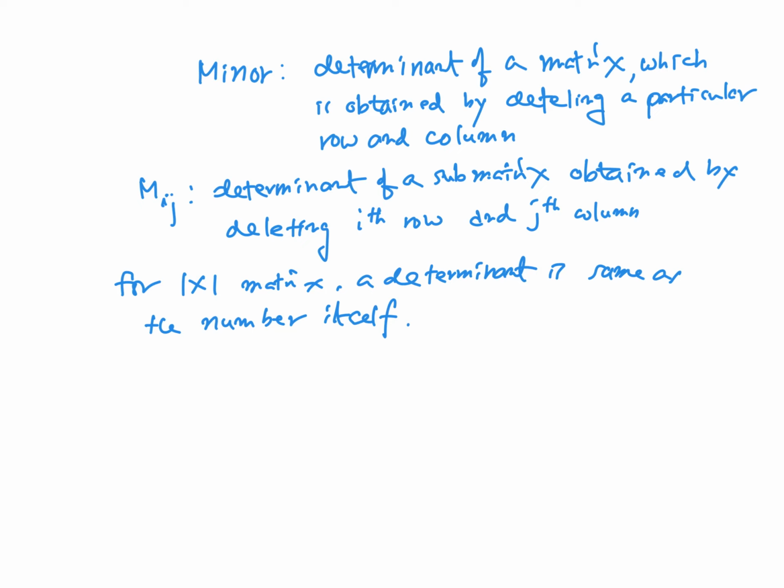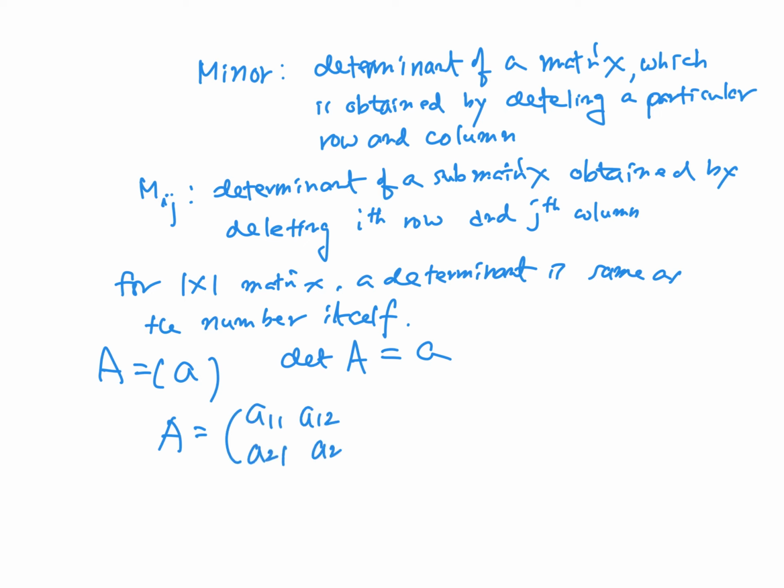For example, we can define a 1 by 1 matrix, say A. A 1 by 1 matrix is actually the same as the number, and the determinant is defined by that number. So in that case, if the matrix is A, the determinant of A is A. Let's go back to the 2 by 2 matrix, A11, A12, A21, A22.